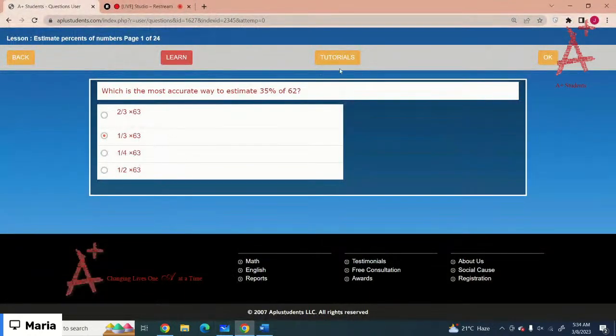Basically it is 1/3 of 62, because 35% is about 1/3. Got it? So it would be 1/3 times 62, rounded off to 63, so it would be 1/3 of 63. Got it?